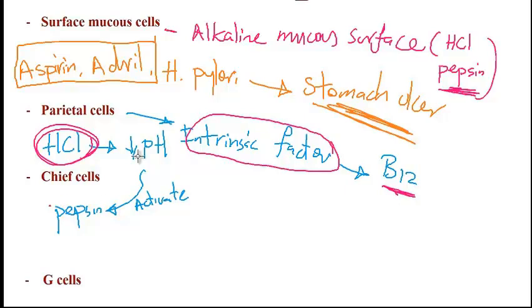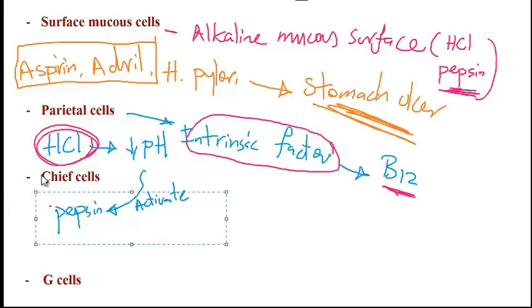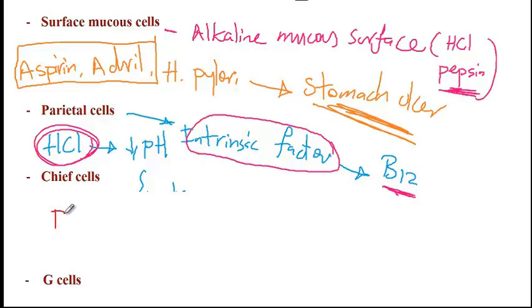So let me erase all that. Chief cells produce pepsinogen, which is basically a zymogen. And can you tell me, what does zymogen mean? Basically, zymogen means an inactive precursor. So this is an inactive enzyme, and that's why we refer to it as a zymogen.